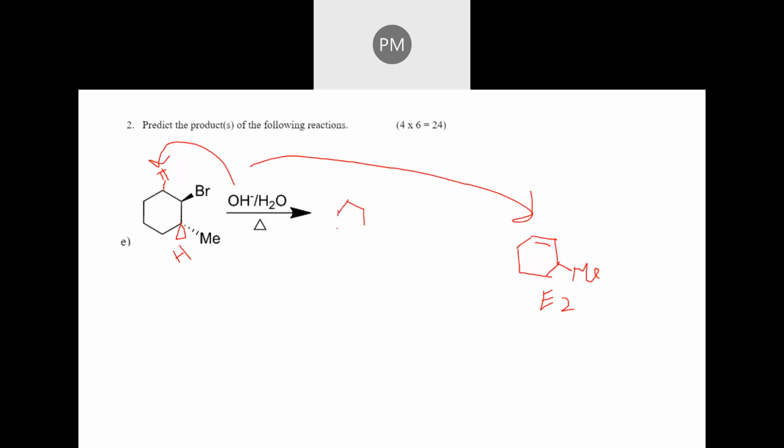The SN2 product will be this. Our leaving group is above the plane, so our nucleophile should attack from below the plane.